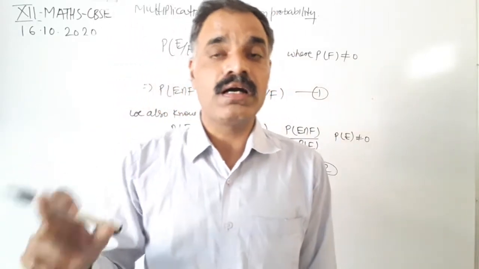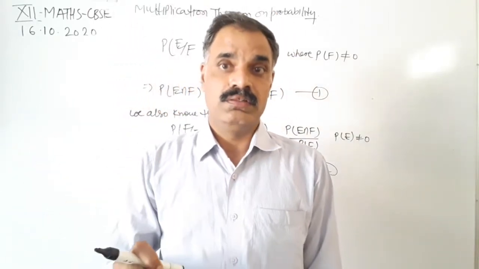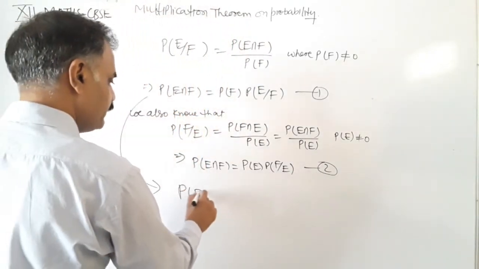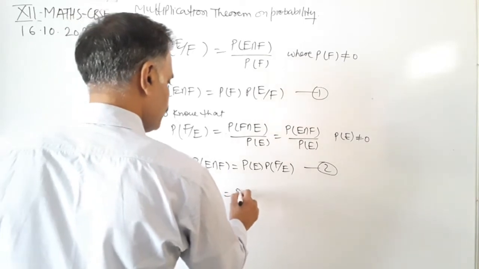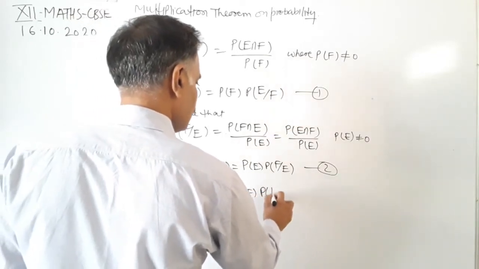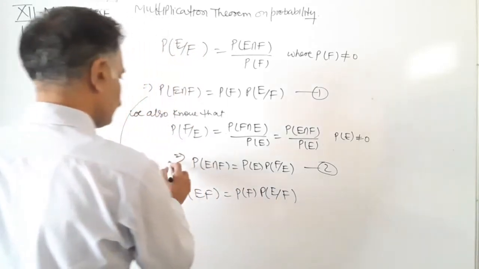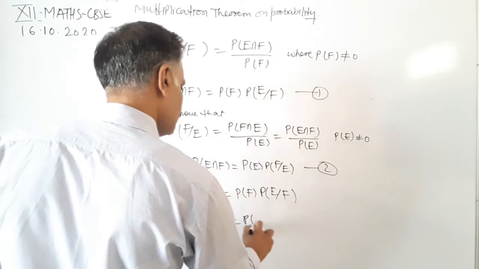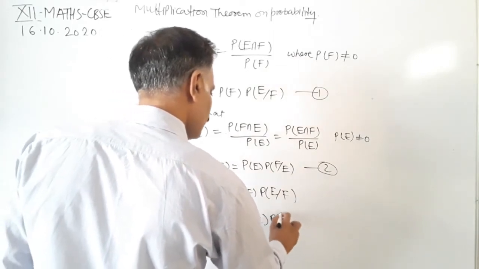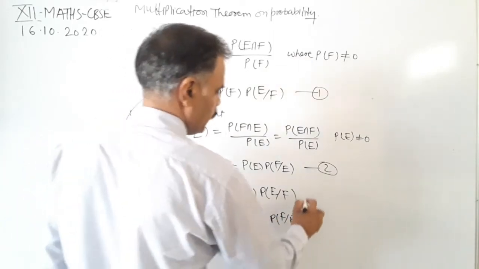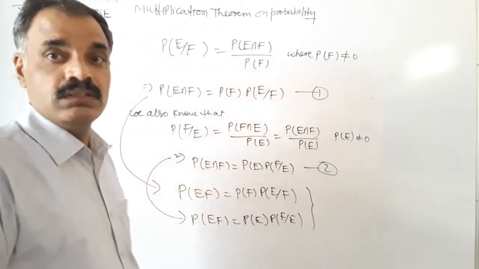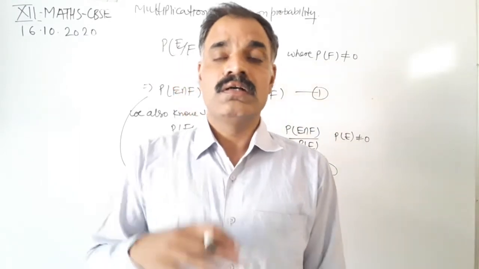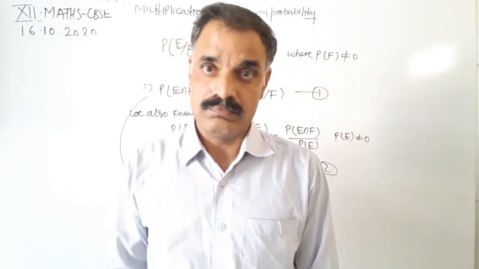E intersection F can also be written as EF. So P(EF) equals P(F) multiplied by P(E|F), and P(EF) is equal to P(E) P(F|E). Both formulas can be used in finding the probability of events occurring one after the other.